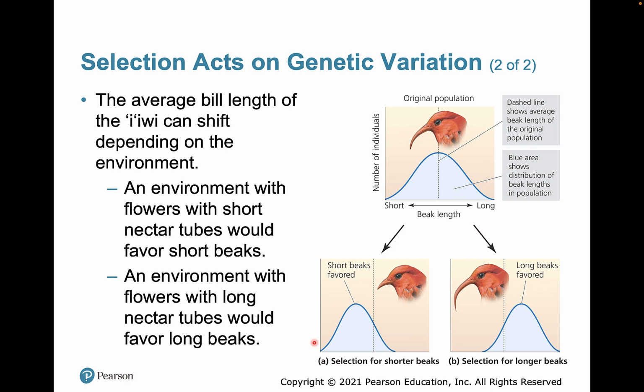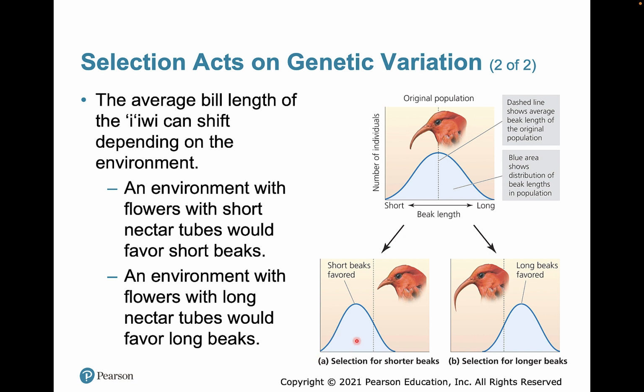It's going to be easier for them to get the nectar out of the flower, which means they're going to have more energy, which means they're going to survive and reproduce and then pass that shorter beak gene onto their offspring. So because in this case the nectar tubes were shorter, the shorter beaks were favored.